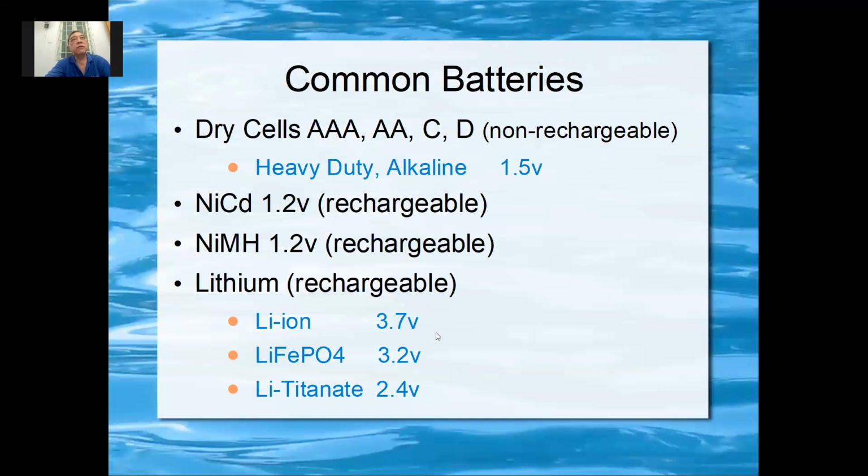So it's very affordable. And then the next type of lithium is called lithium iron phosphate. It's 3.2 volt. Li is lithium, Fe is ferrous, ferrous material means iron. And then P is phosphorus, O is oxygen, four oxygen atoms, so they call it phosphate.